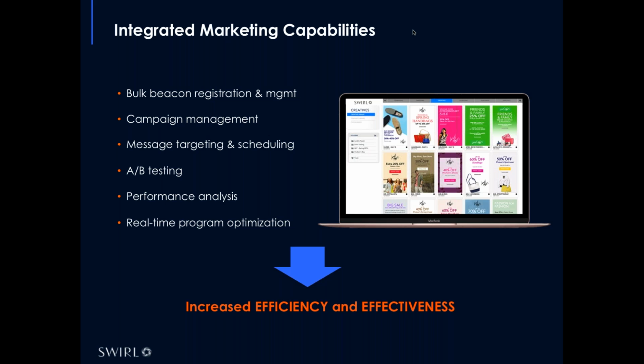Whereas with a platform like Swirl, because we've automated some of those capabilities, you can do this beacon registration all in basically one process. Just have a list of the beacons, press the button, and then you have automatically provisioned them and connected them to the Google Nearby platform.